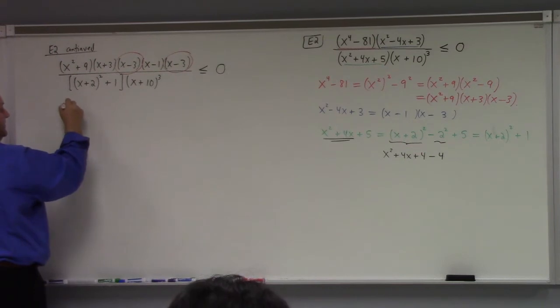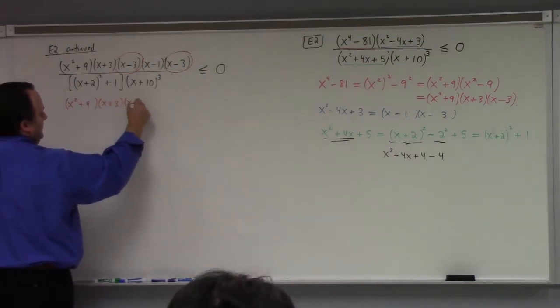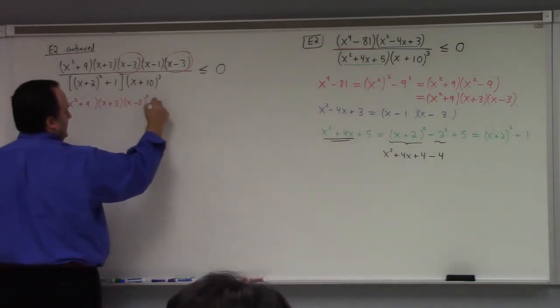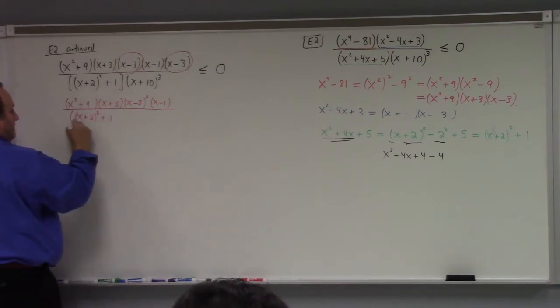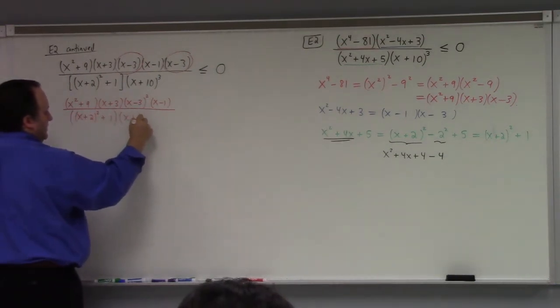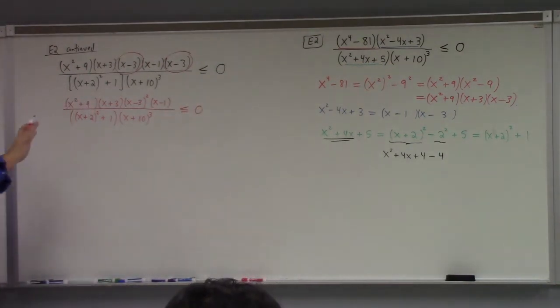So what we really have here is (x squared plus 9) times (x plus 3) times (x minus 3) squared times (x minus 1), divided by ((x plus 2) squared plus 1) times (x plus 10) quantity cubed, less than or equal to 0. All right, there we go. Stick a fork in it. It's done. Now we can assuredly identify all the critical numbers without accidentally repeating them.